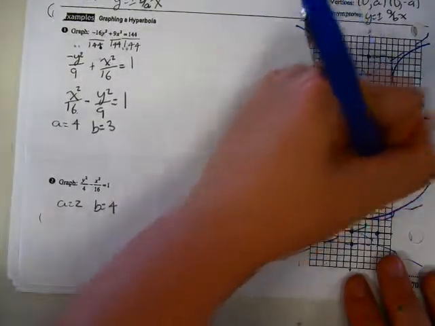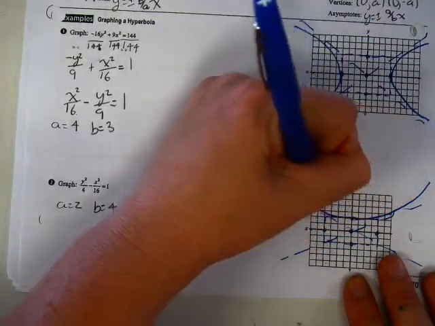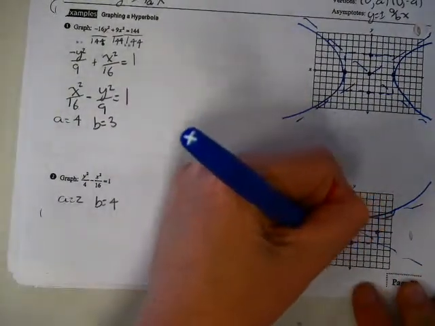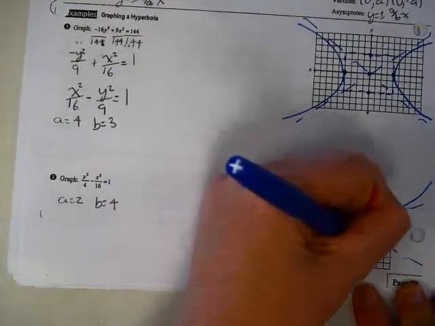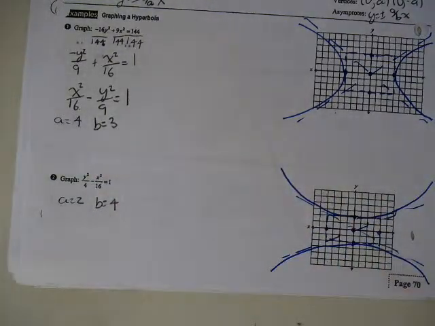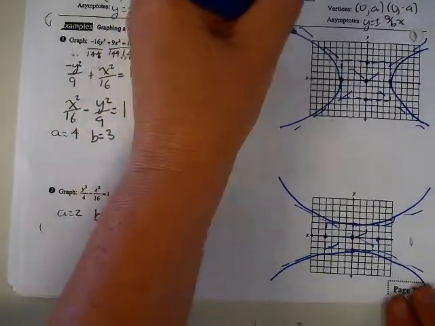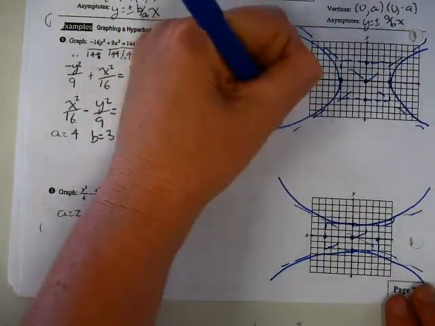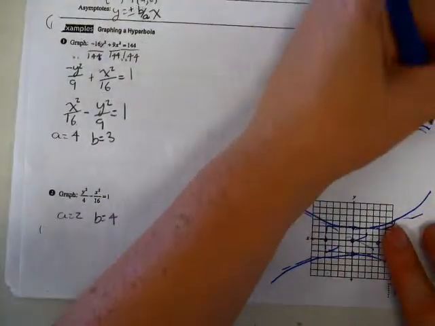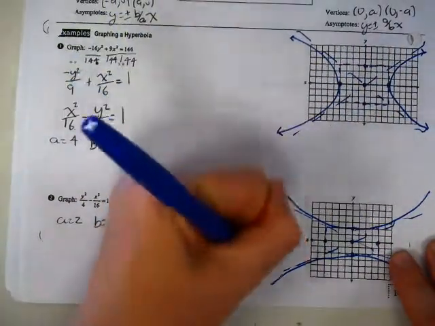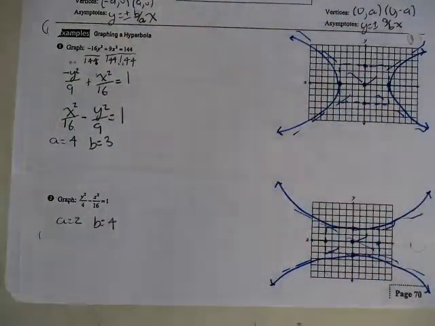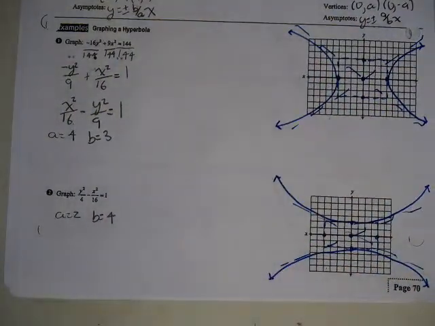So I will sketch in my branches, trying to hug my asymptotes. And these go on getting infinitely spread out. Arrows on the end. Alright, and there is our hyperbola.